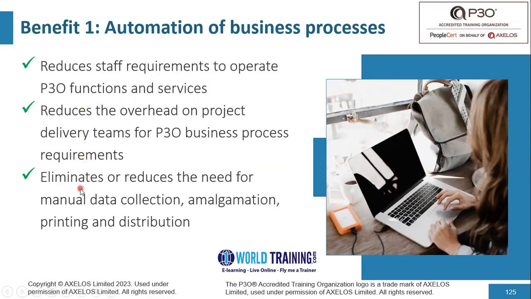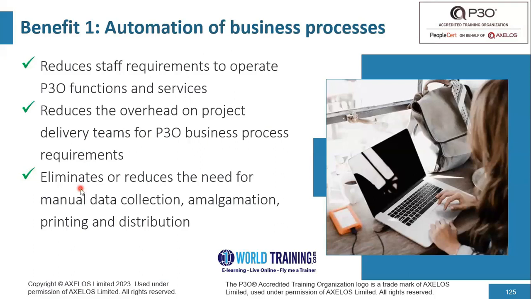Number 3, it eliminates or reduces the need for manual data collection. In certain organizations, it does take a huge toll on the FTE requirements. So it reduces the need for human effort to manually collect data, amalgamate it, print it, and distribute it. So these are a few benefits associated with automation of business processes.